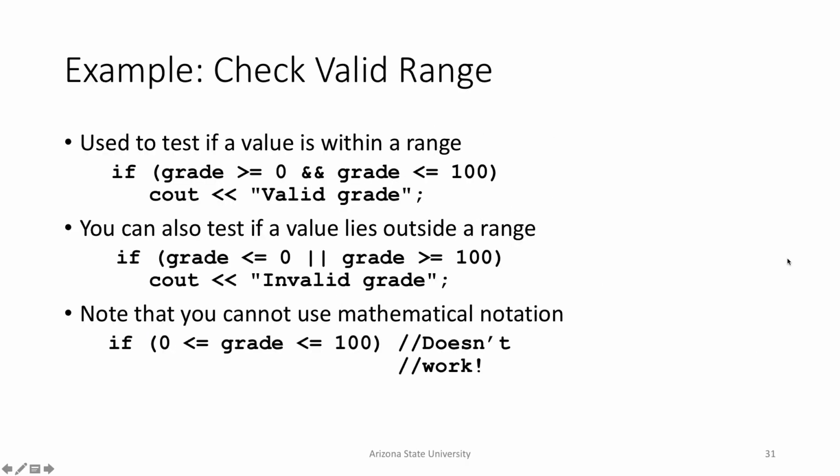If we wanted to check whether a grade is valid or not, one thing you can do is to check whether it's between 0 and at most 100. I disagree that if a grade is more than 100, it's invalid. But definitely if it's less than 0, then that's invalid.